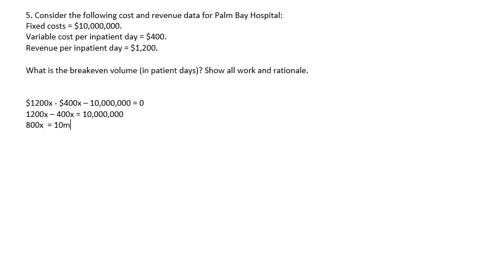And just do your division. And if you do your division into that, X will equal, double check my math here. Yep, 12,500 patient days. So that's what you need. The break even in days for Palm Bay Hospital is 12,500 patient days.